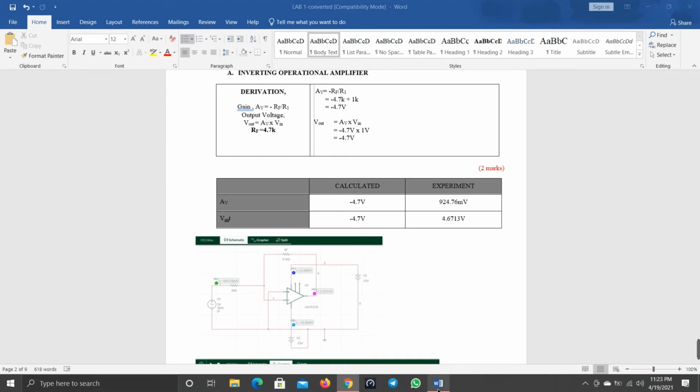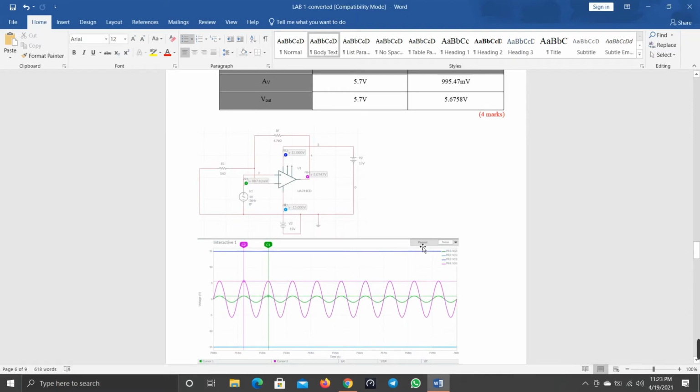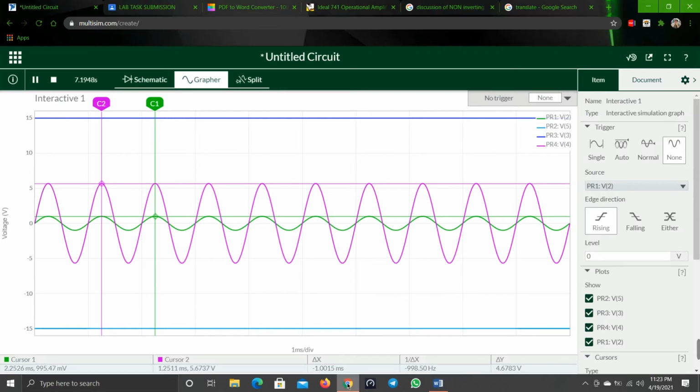This is my non-inverting op-amp for 10k. My calculation here. I put the graph and schematic diagram. So let's go to 10k.